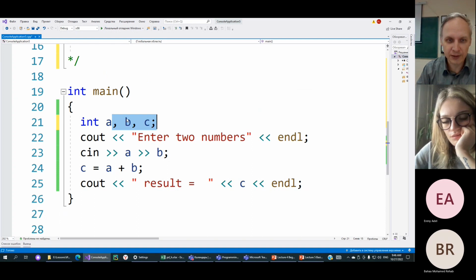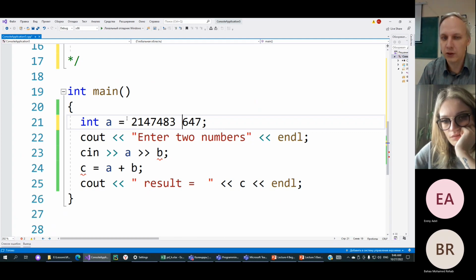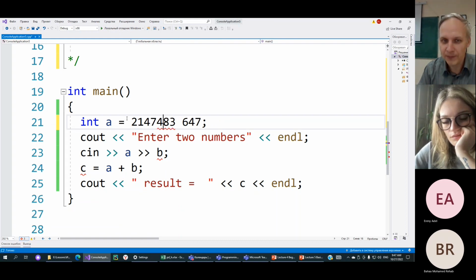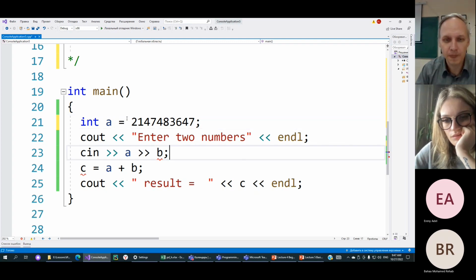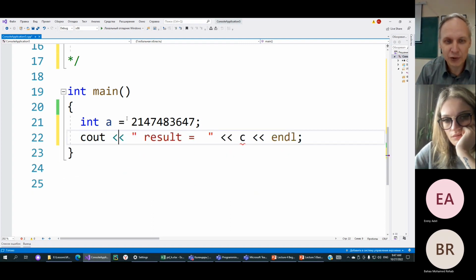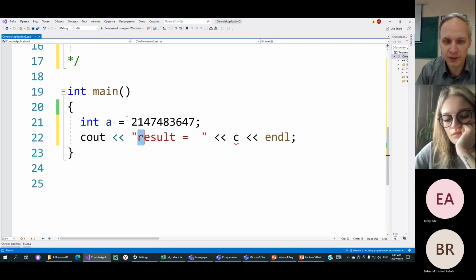Suppose that I declare an integer number and I assign this value. What is this value? It's 2 billion, 147 million, and so on. And after that, let me just output the value of A to the screen.